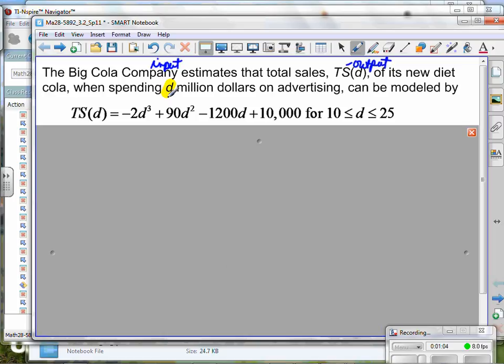And again, understanding that we have D million. That means if we put in a 5, we're not putting in actually $5. We're putting in 5 million. Some of you, on some of the problems that show up on WebAssign, it asks for answers based on the work you have, and I've noticed a few of you might put in something like 5, when actually it is defined in a different way.